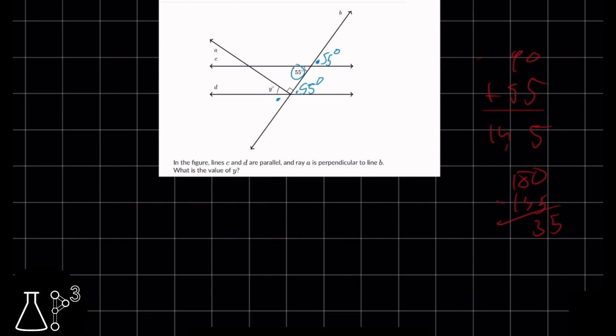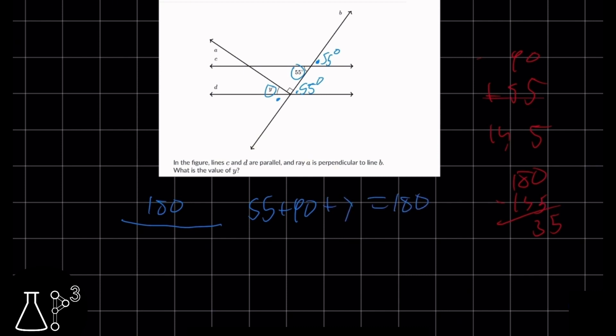So now that we know we have 55, we have 90, and we have y, we can look for the y value. We know a straight line always equals 180. So in order to find y, we do 55 plus 90, where 90 comes from the right triangle, plus y equals 180.